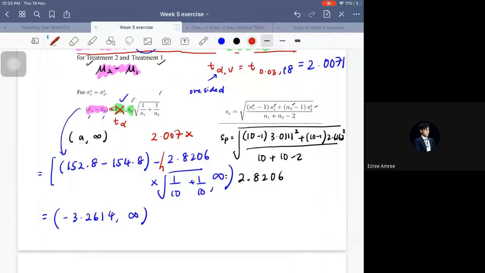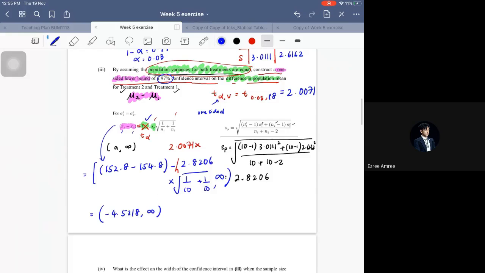I actually missed out the value 2.0071 just now, so we have to calculate that again, and this is going to be a different value then. That'll be negative 4.5318, and the upper bound is going to be infinity.